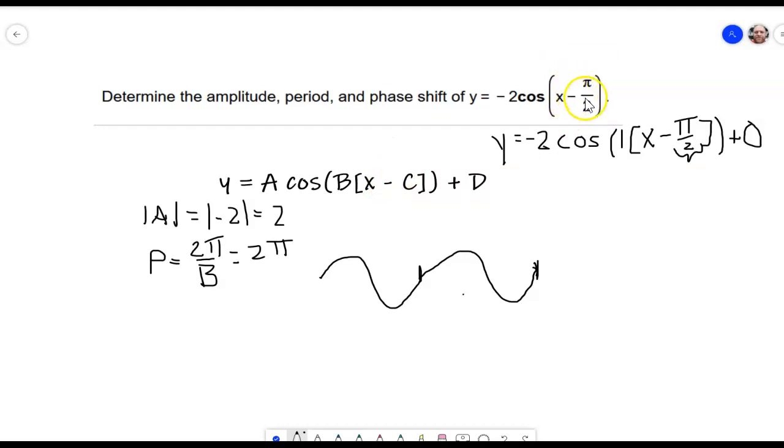So since it's a negative pi over 2 here, it's really a positive pi over 2 for our phase shift. And phase shift is discussed in more detail on page 433 in the book. It's talked about a little bit in example 4 as well.